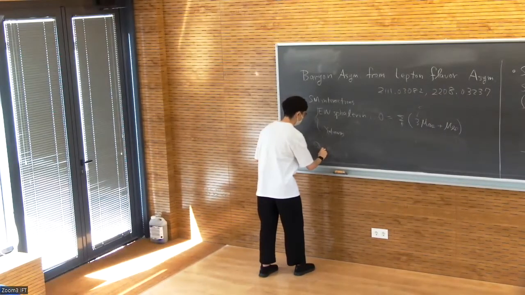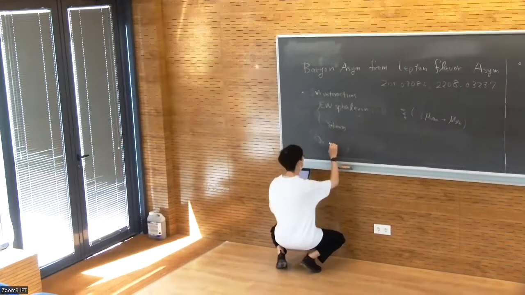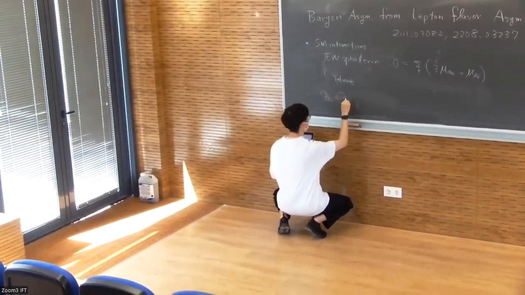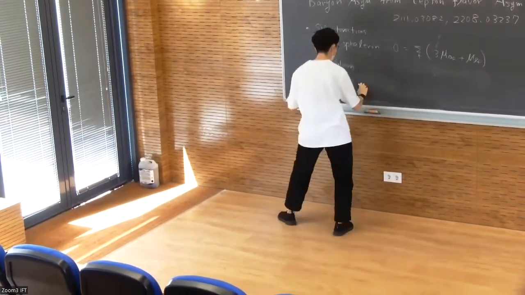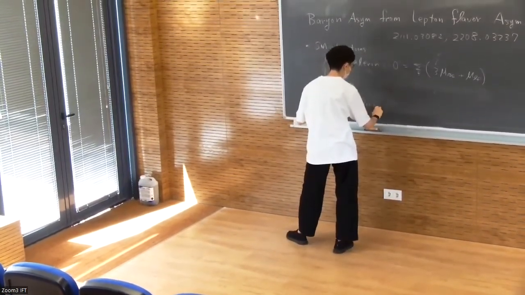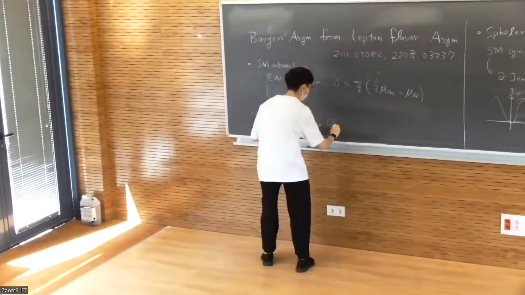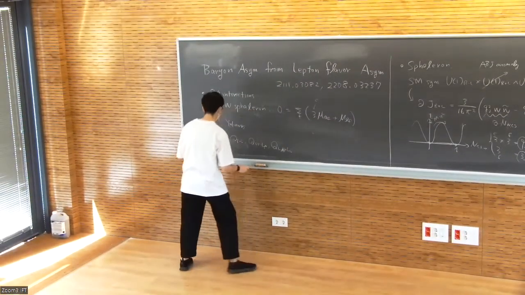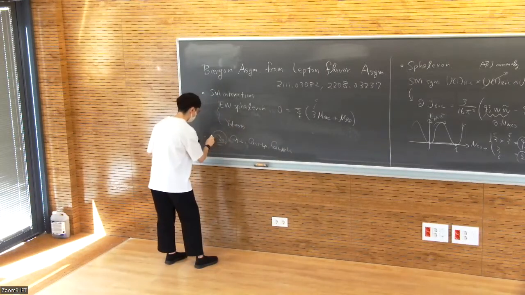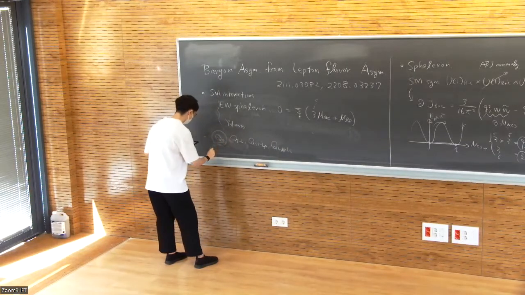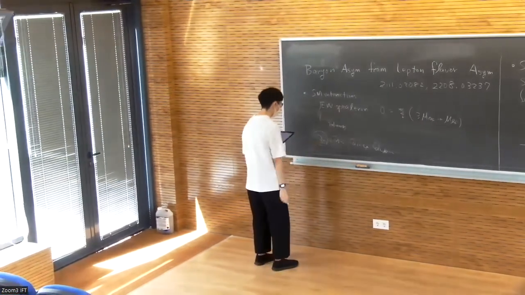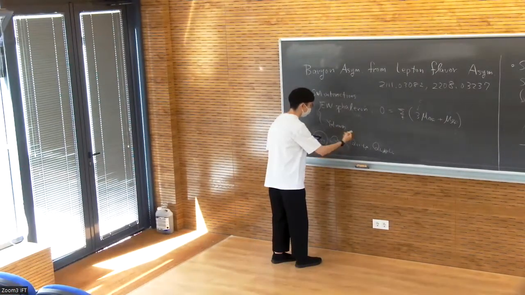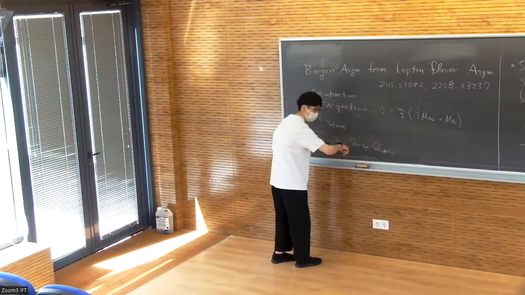So we have conserved charges like U(1) hypercharge, U(1) B-L, L_e minus L_mu, and L_mu minus L_tau. But the hypercharge is a gauge charge, so it should be neutral. We impose the neutrality condition, and then the result should be expressed as a function of these conserved charges.